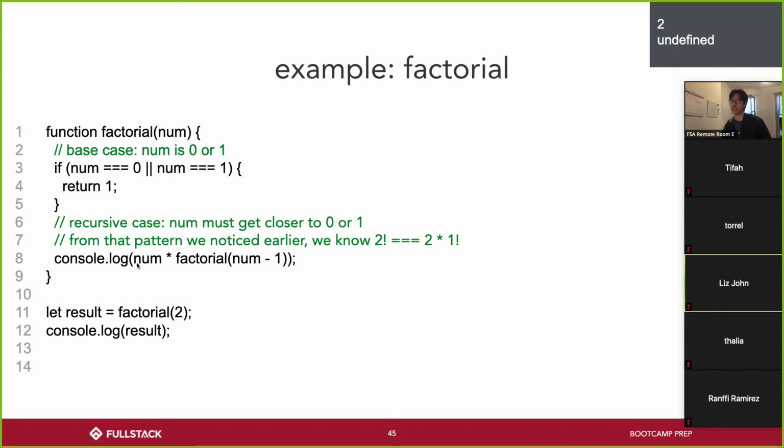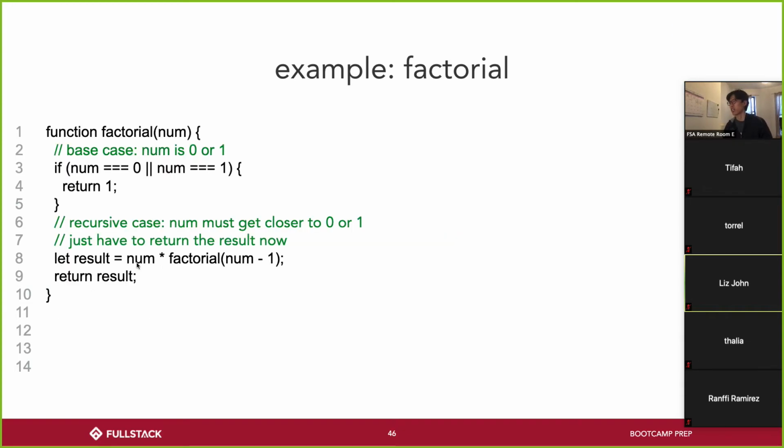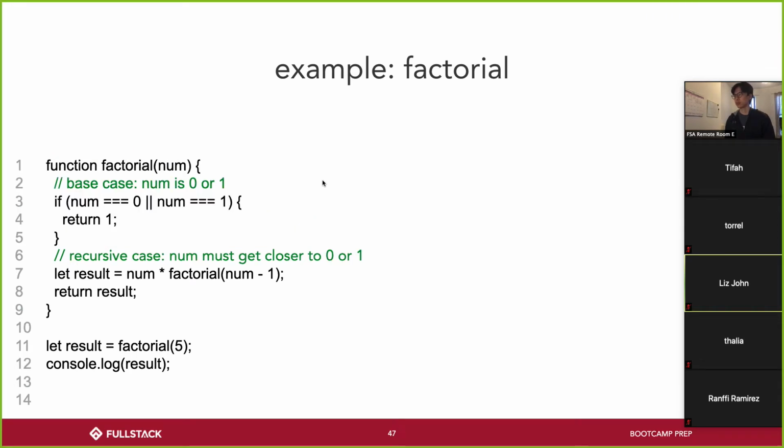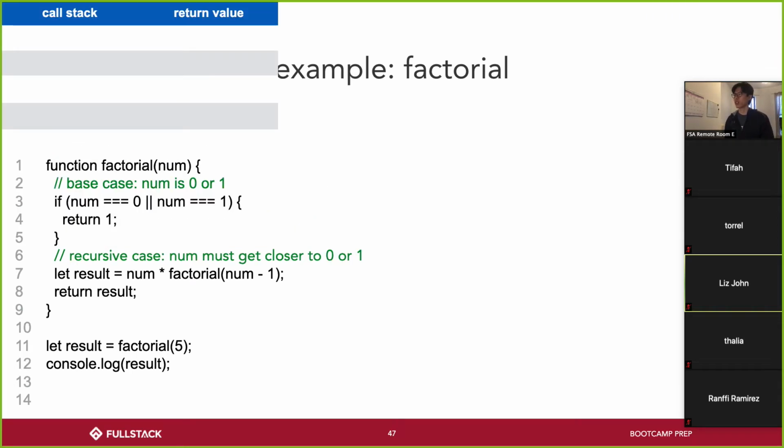So it's 2 and then it's undefined. And how we actually do it is like this, and now we've returned. So now we could store the value of the function call within a variable. And it just works for all the other cases.